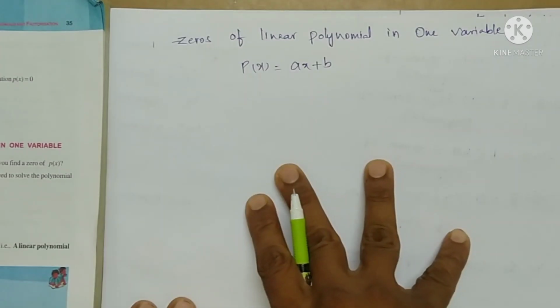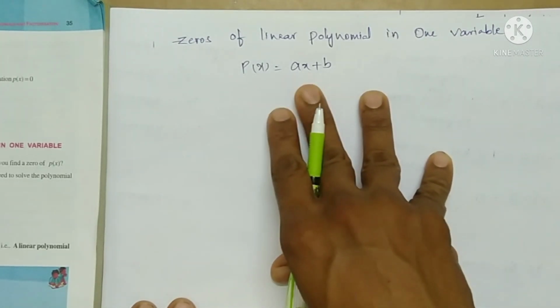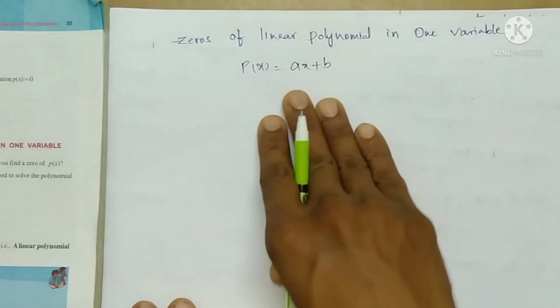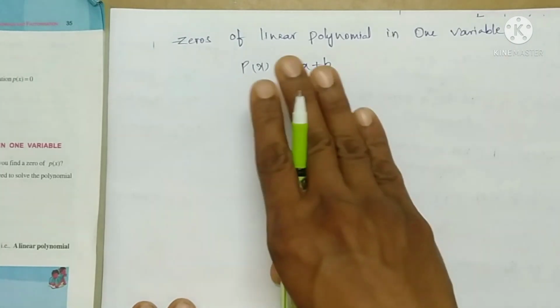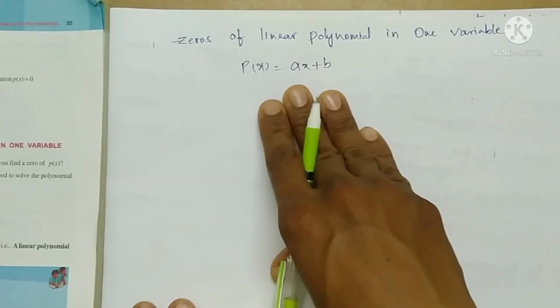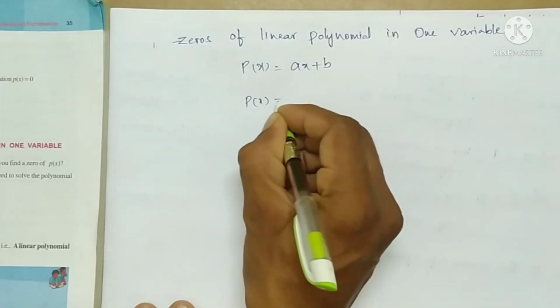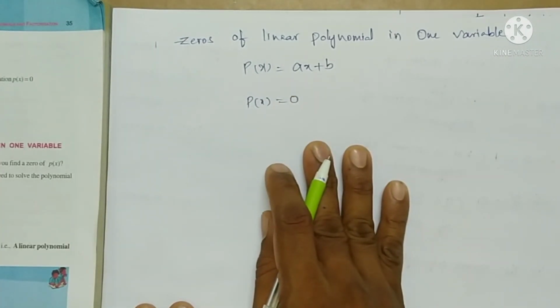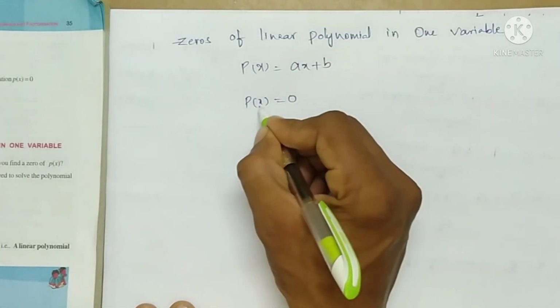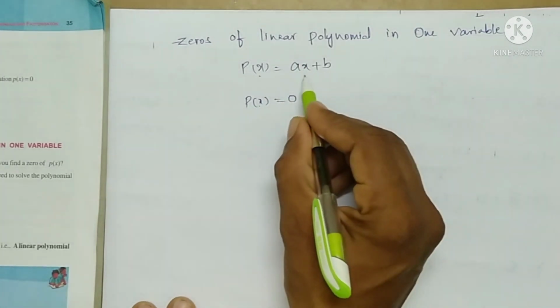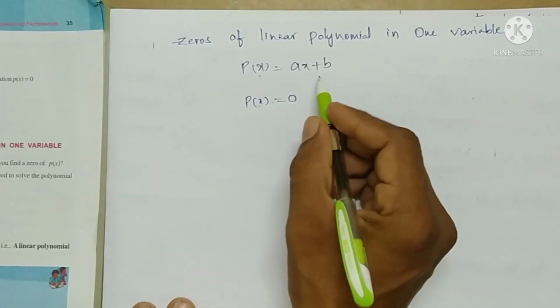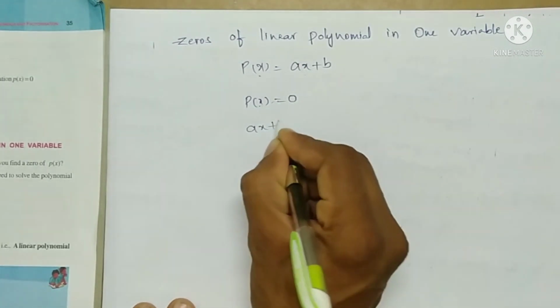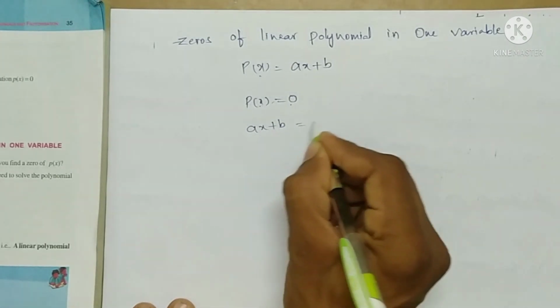So we know that the value at which the polynomial becomes 0 is called the zero of the polynomial, right? So P of x is equal to 0. Here P of x is ax plus b, so ax plus b is equal to 0.